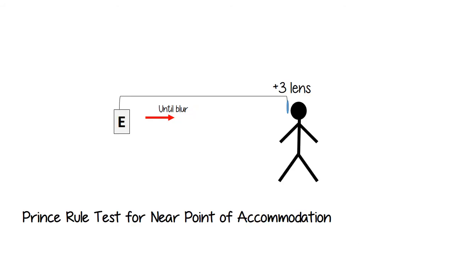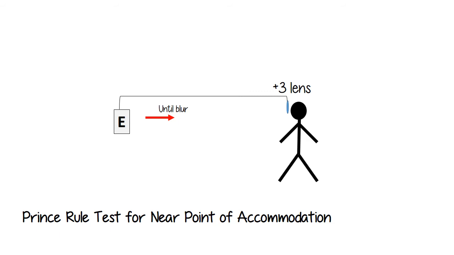Okay, the next test that I'm going to talk about involves a ruler with a card at one end and a +3 lens at the other. That's all it is, a ruler with the card at one end, the +3 lens at the other. It's called a Prince rule. And it's the same idea, except the patient looks through the +3 lens. The card is brought forward until it blurs, okay?